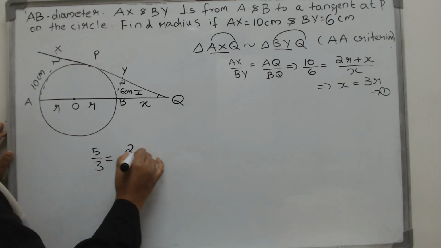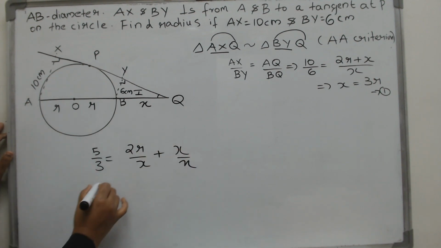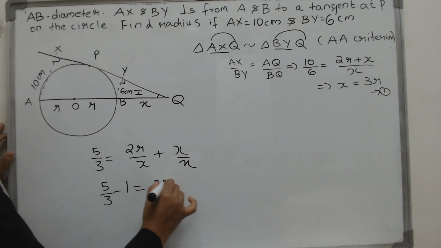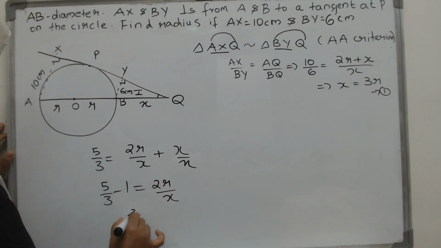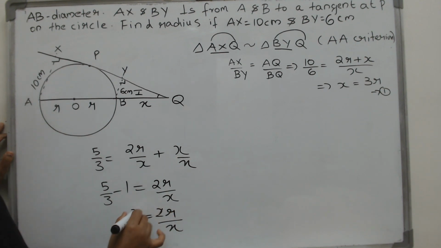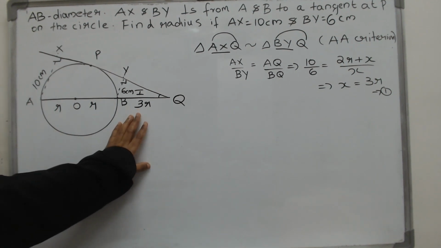Let us split the numerator, and you get X by X, which is equal to what? 1, right? So I will take the 1 to this side and you have 2R by X, which means what? 2 by 3 is equal to 2R by X, which means X is equal to 3 times R. So we have got X is equal to 3R.